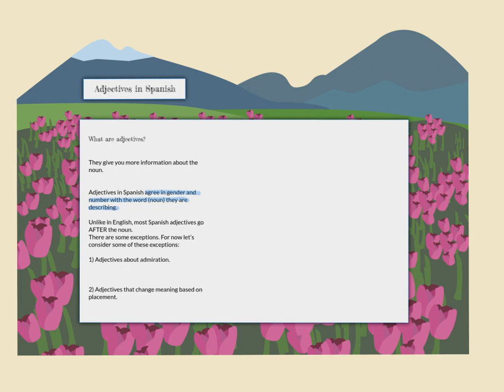Okay, so again, going back to our example of the house, sorry, let me get a better pen here. There we go. If I go back to the example of the house and I say la casa bonita, notice that my adjective also ends in A, and thus my determiner, my noun, and my adjective are all feminine and singular.